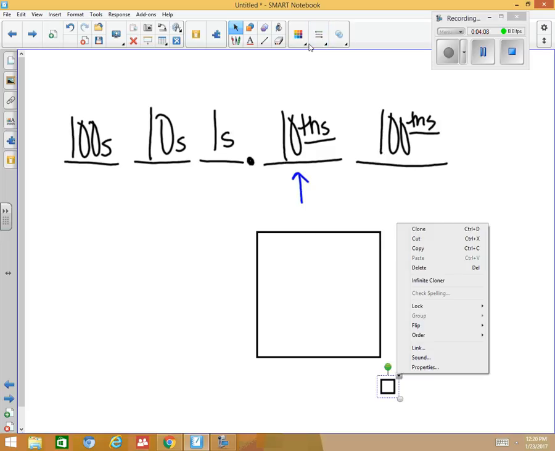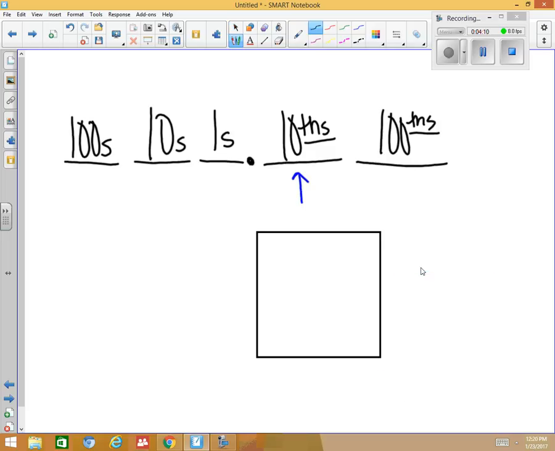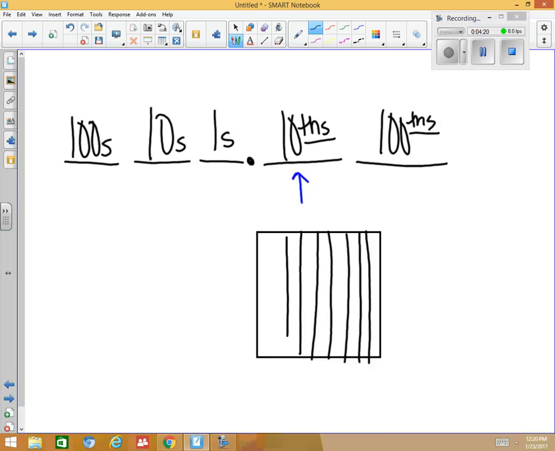And if they want you to do 3 tenths, there's all my 10 places. They want us to do 0.3. How many places do I show, Karen? 3 boxes. 1, 2, 3. 3 tenths.